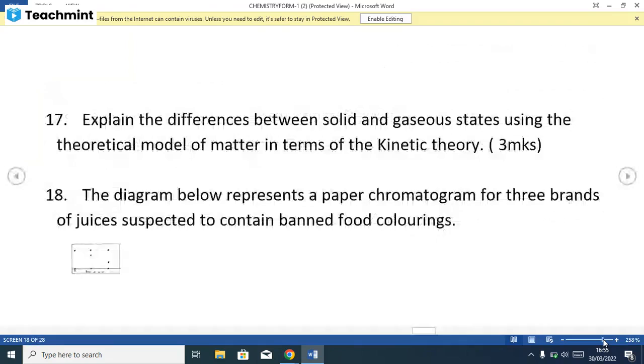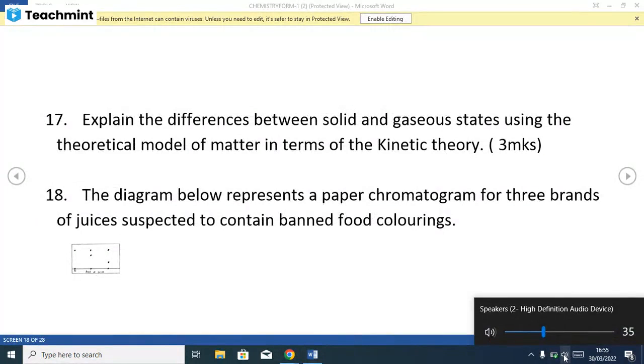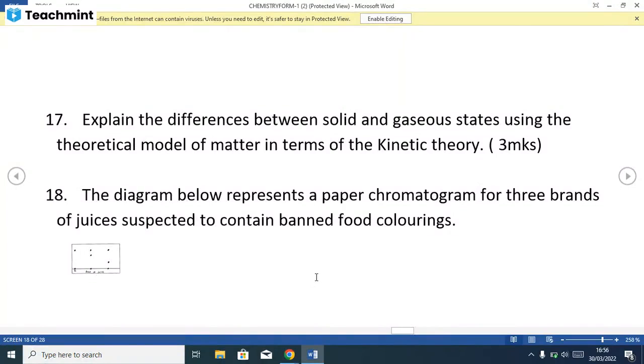In the solid state, the particles are closely packed together, while in the gaseous state, the particles are widely spread. They're not packed together.